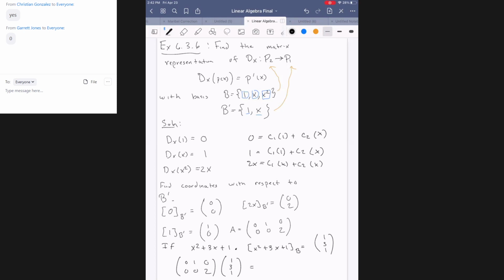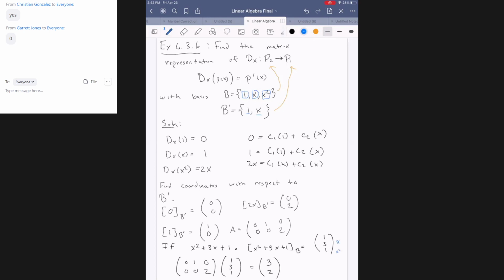What is this going to give me? It's going to be 3 and then 2, right? Let's see, did I do the right order? Yeah. By the way, this represents the x squared component.